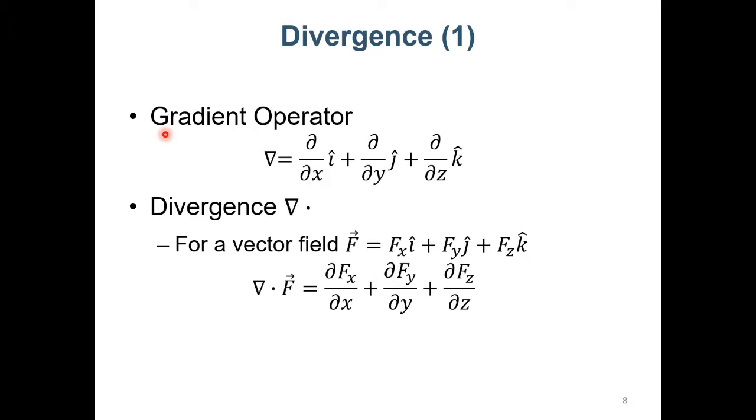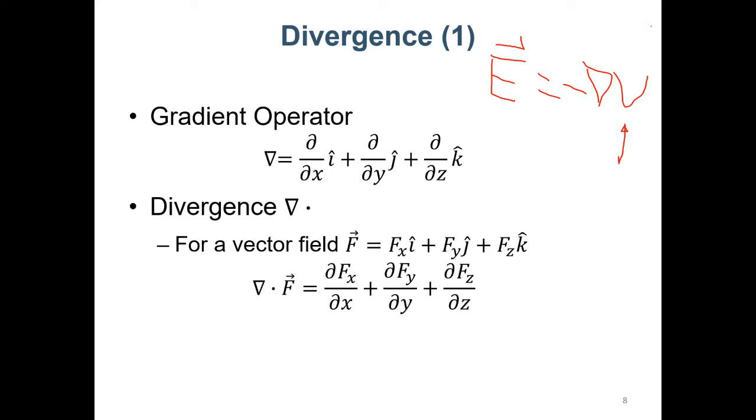You learned that E equals minus gradient V. That's what I let you know in chapter 24. So V is a scalar field, and E is of course a vector field. This is the E field.